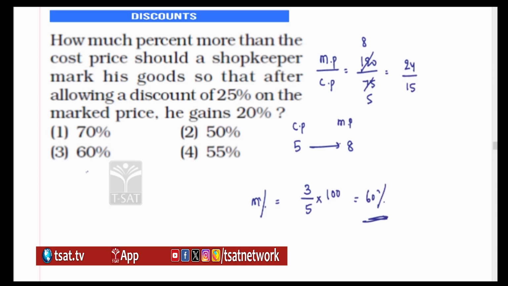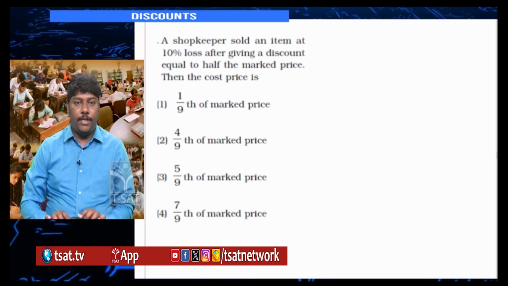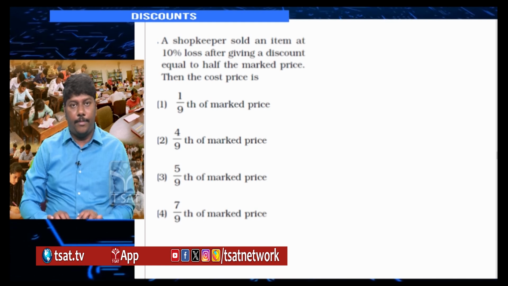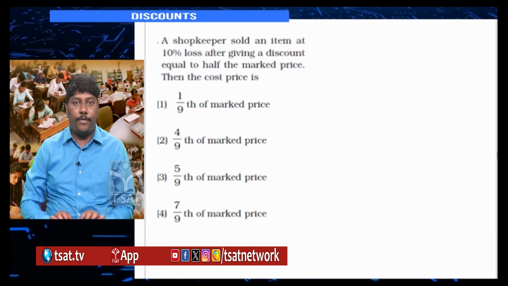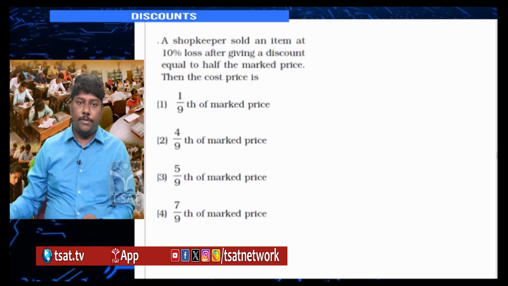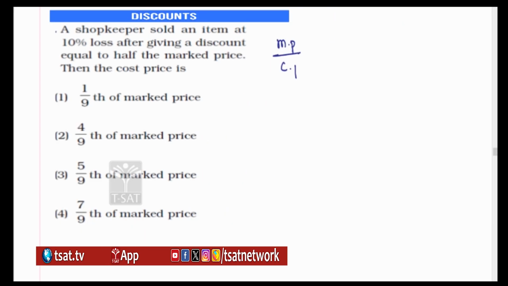You are increasing it by 60%. A shopkeeper sold an item at 10% loss after giving a discount equal to half of the marked price. Equal to half of the marked price means you are simply giving 50% discount. Then the cost price, again use the formula. We know MP by CP is equal to (100 minus loss) by (100 minus discount).